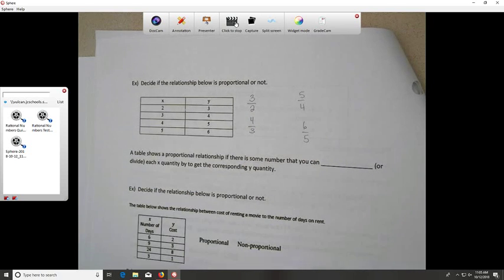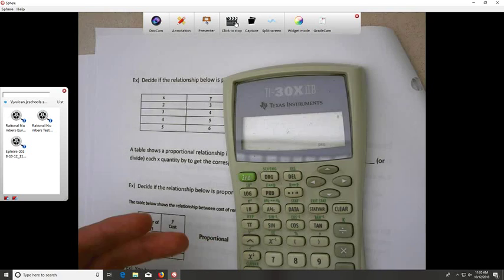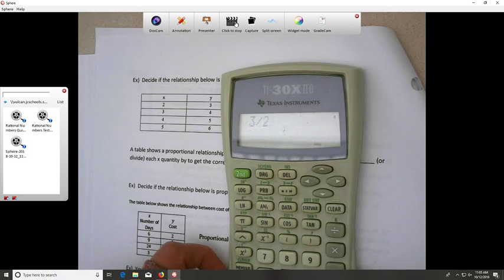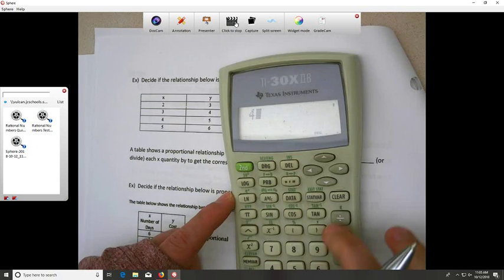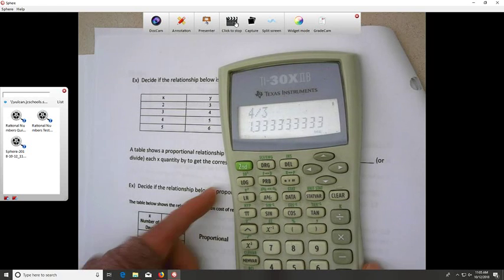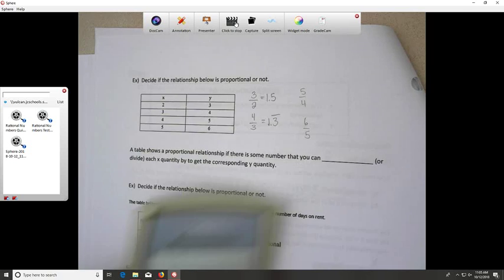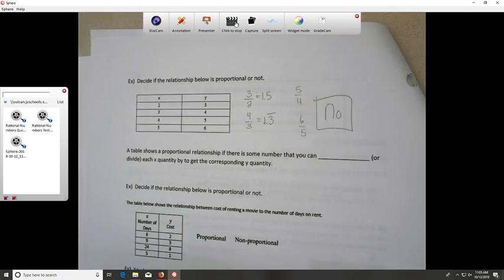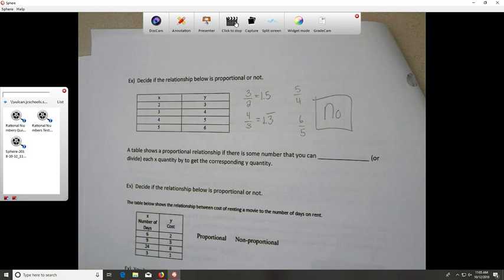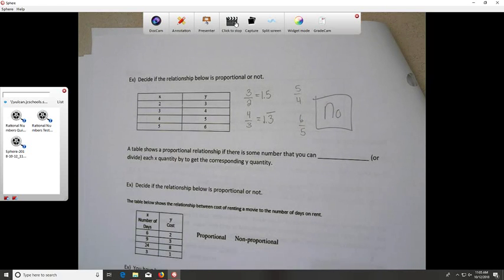If I do division, 3 divided by 2 is 1.5. 4 divided by 3 is 1.3 repeating. So I don't even have to test the other ones because I already have two that don't match. So this is going to be a no. That's not proportional. So this is one way that we can figure out if we have a proportional relationship, by writing the fractions and simplifying or dividing them and seeing if we get the same thing.